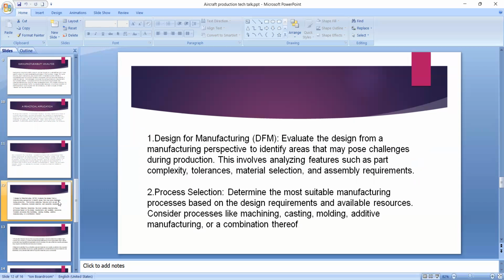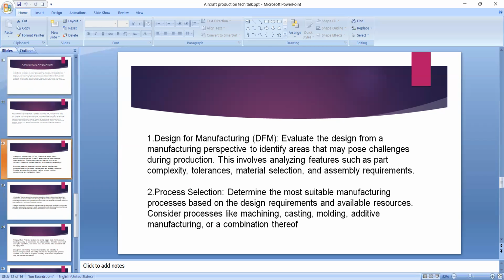Process selection: determine the most suitable manufacturing process based on the design requirements and available resources. Consider processes like machining, casting, molding, additive manufacturing, or a combination thereof.